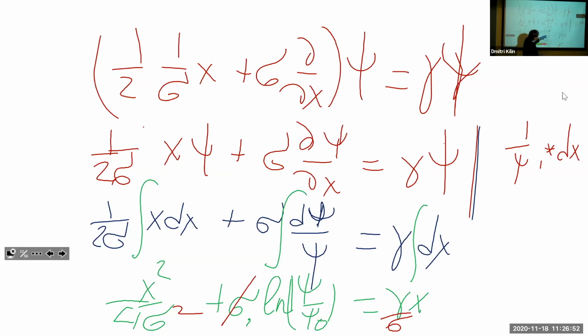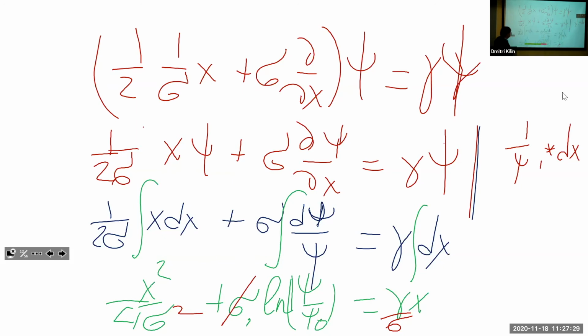If we divide each term by the unknown function and multiply each side by dx, there is a chance to remove dx here and have psi here. So this term will have only the function. Remove psi here and have dx, making it only the independent argument. And here we will cancel the function and we will have just dx.